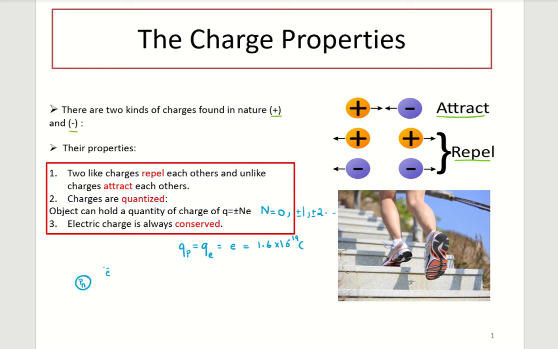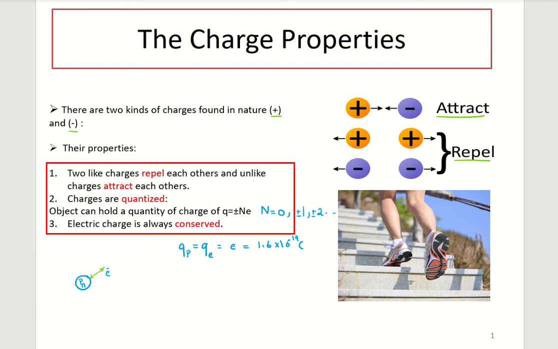But you have to pay attention to something: the proton is not participating in any charging process. The particle which is involved in the charging process is the electron. Why is this? Because the electron is attached to the nucleus by the electric force, and the electrical force usually is not that strong.